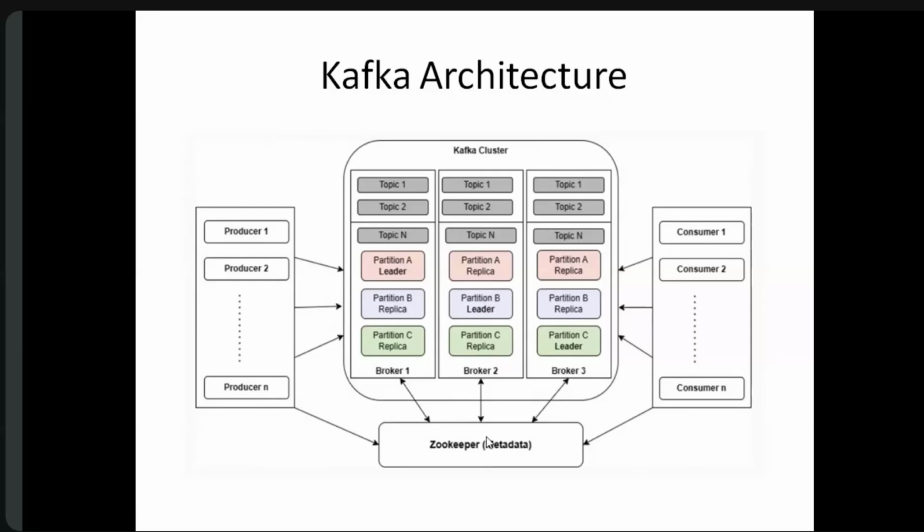Suppose producer one wants to send the data to topic two. You have to find the leader of the partition of topic two. Wherever the partition is stored, you will send the data to that particular broker, and that happens automatically.